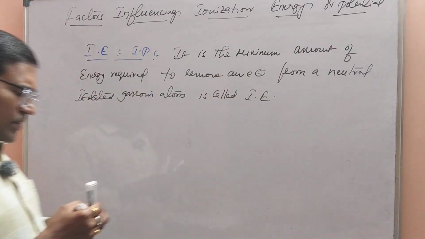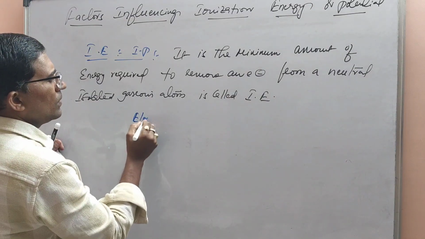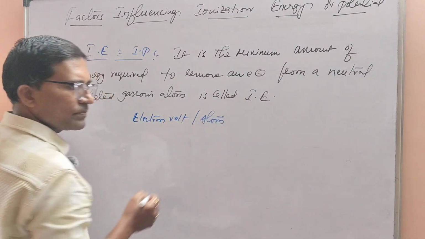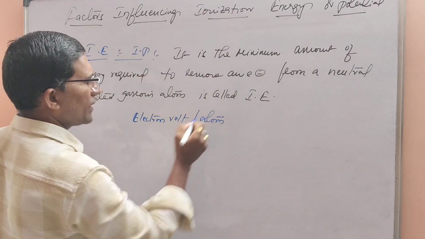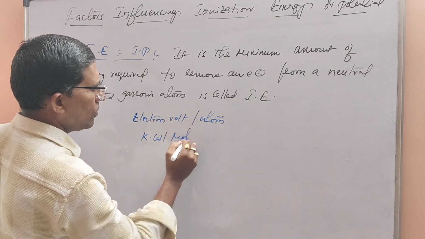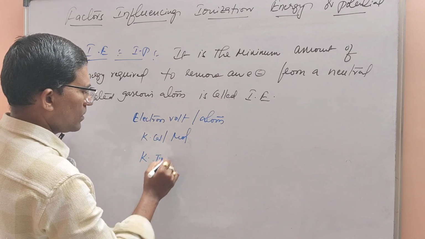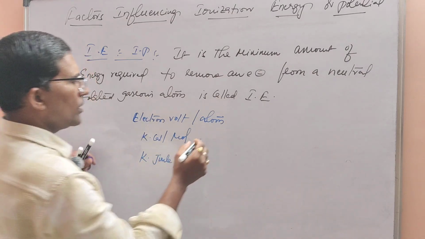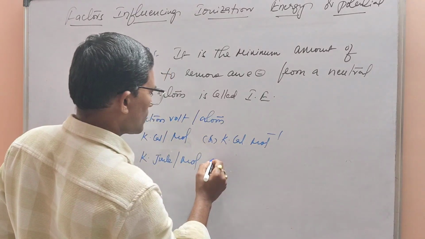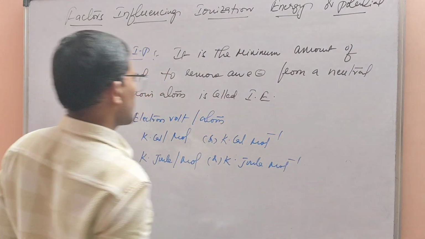The units of ionization energy are electron volt per atom, or kilocalorie per mole, or kilojoule per mole. You can also write these as kilocalorie mole inverse or kilojoule mole inverse.